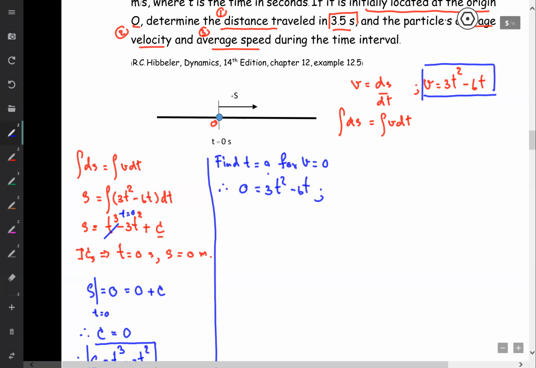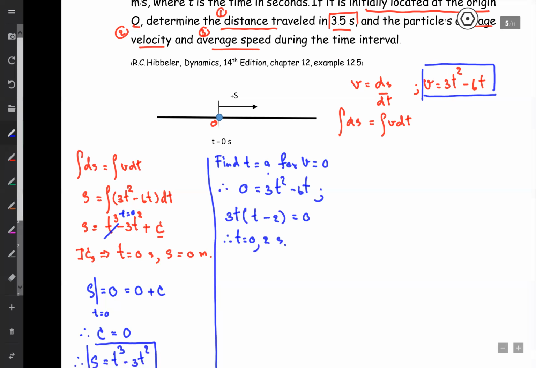We found that the equation should be 3t(t - 2) equal to 0. So that means t equals 0 and t equals 2 seconds.